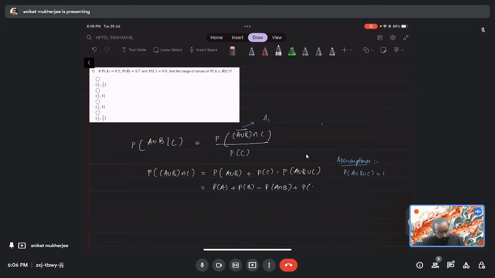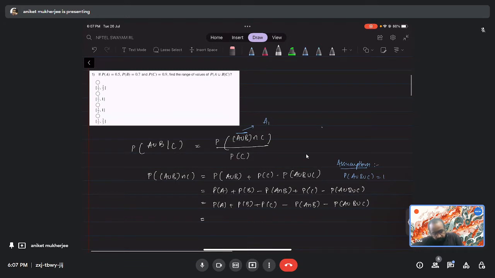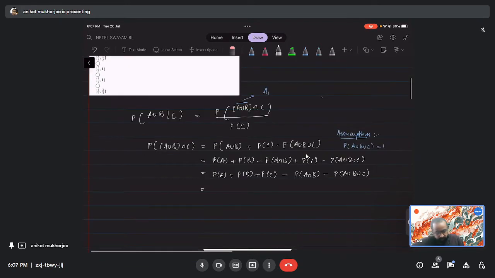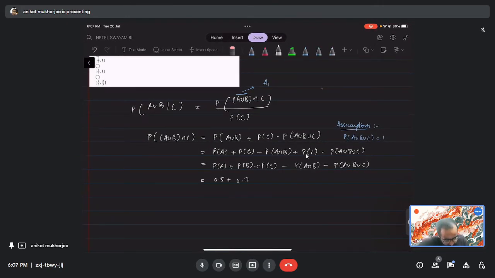Rearranging, I get probability of A plus probability of B plus probability of C minus probability of A intersection B minus probability of A union B union C. Substituting the values, I get 0.5 plus 0.7 plus 0.9 minus probability of A intersection B minus 1. Calculating this, I get 1.1 minus probability of A intersection B.